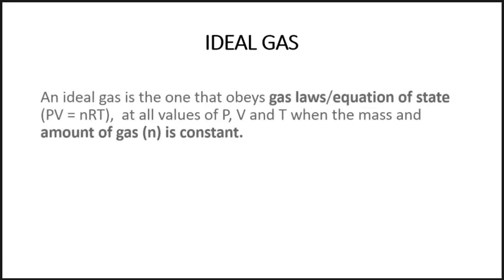But that is not all. Now, when it obeys gas law or equation of state, and the mass or amount of gas, which is the mole, is constant, then that gas becomes an ideal gas. So I've given you the second factor that qualifies a gas to be an ideal gas.